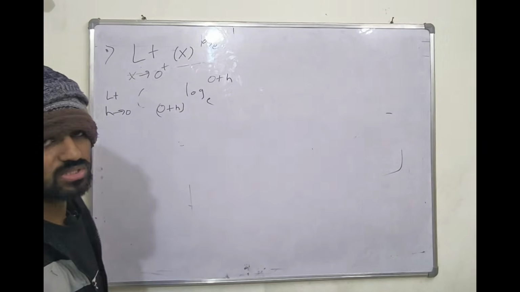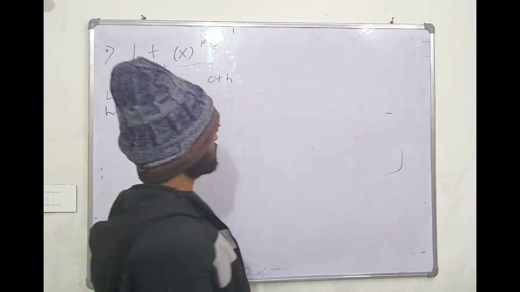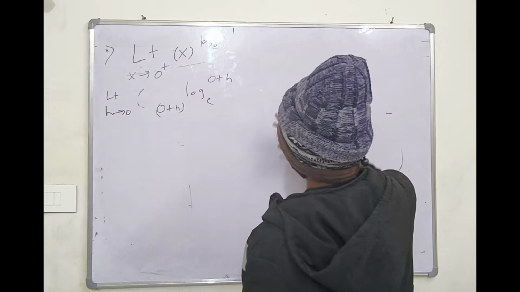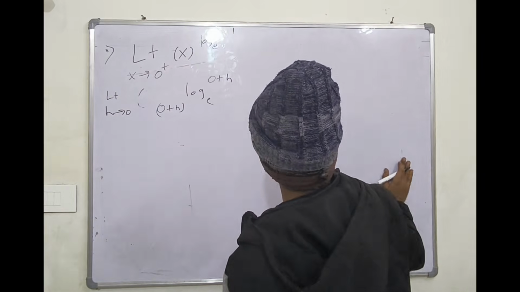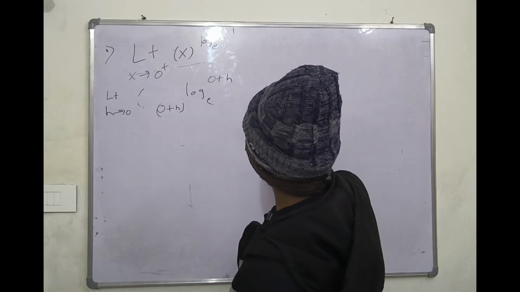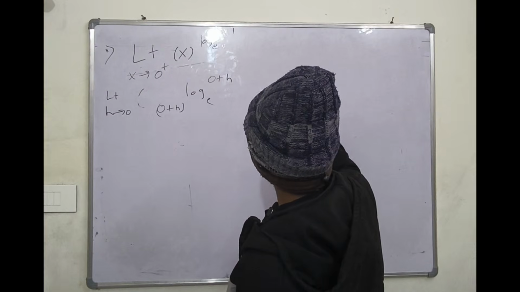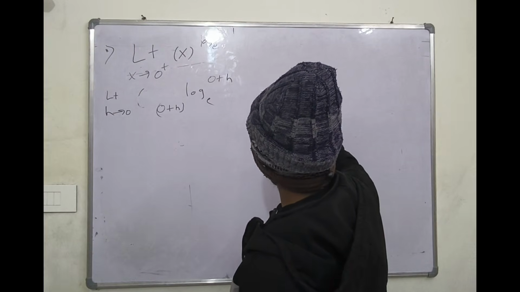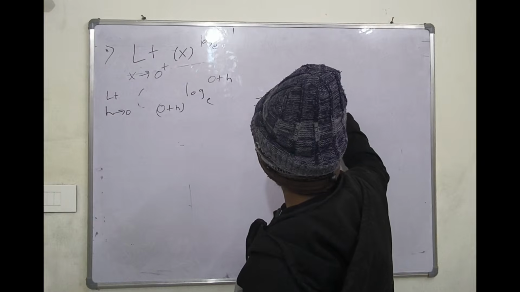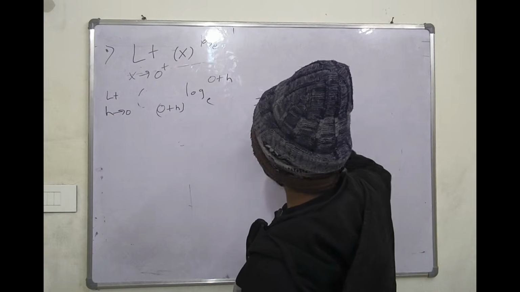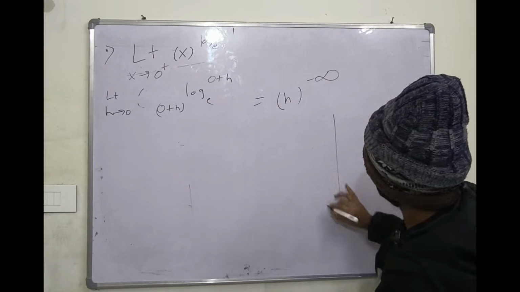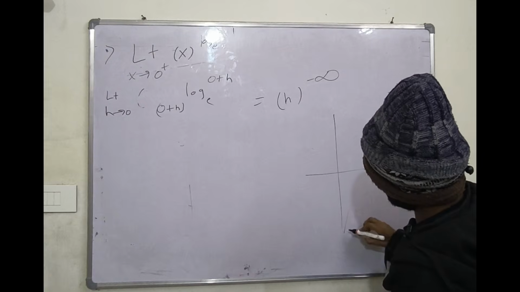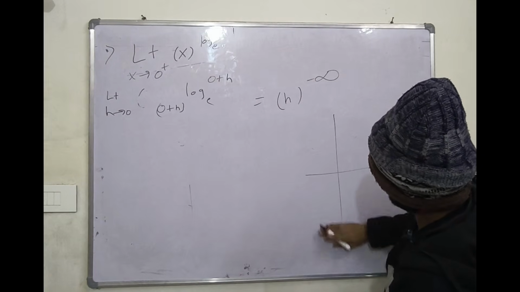Log of 0 plus h base e, I said it is tending to minus infinity, in the before example maybe. So it is h power minus infinity as h tends to 0. I said log is tending to minus infinity.